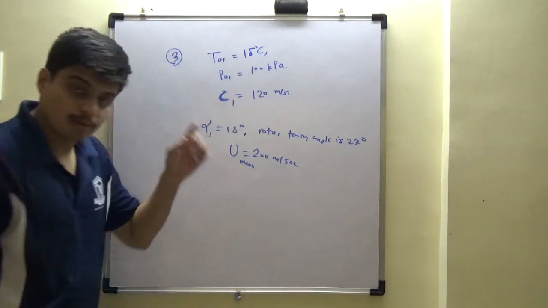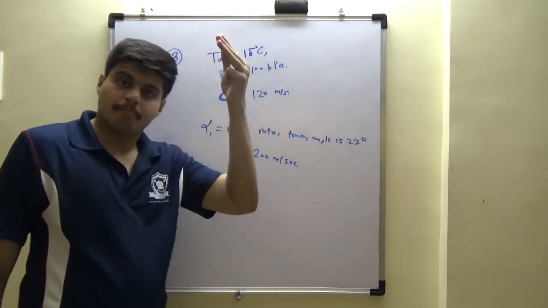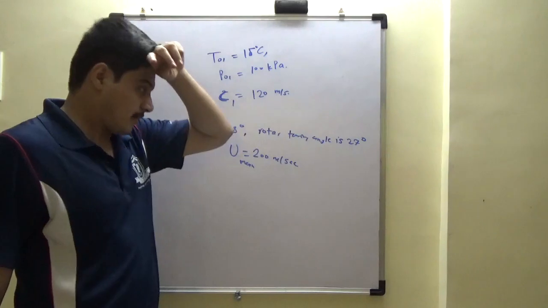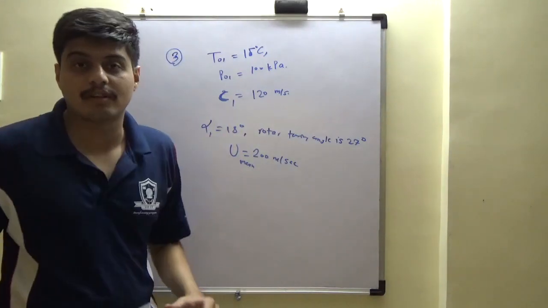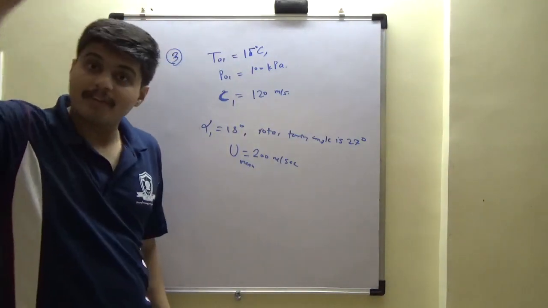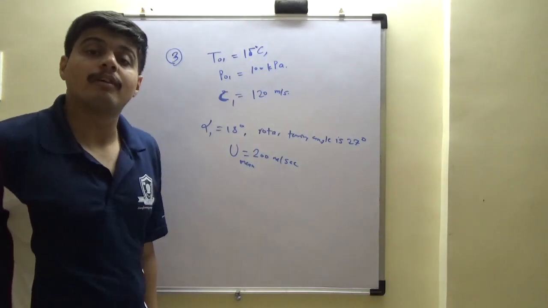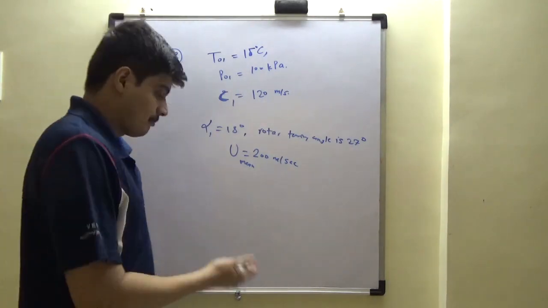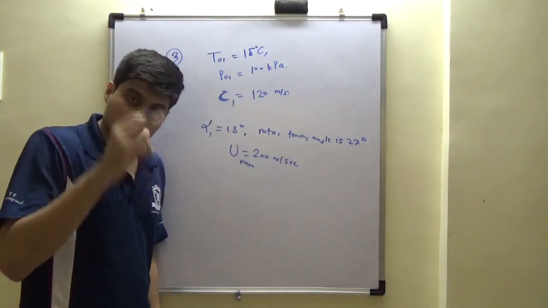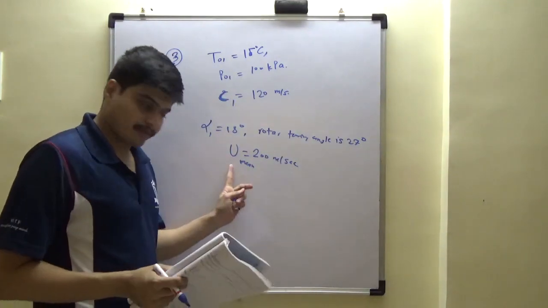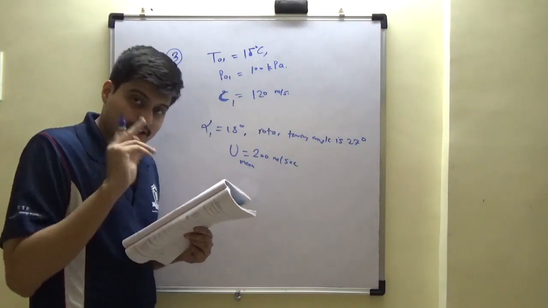We have seen this is going to change from root to tip, hub to tip. It is varying, so it is an average that we take. Remember our diffuser efficiency because of this, and remember our work done factor lambda because of omega r being different from root to tip. That's why mean is coming. See how things relate.